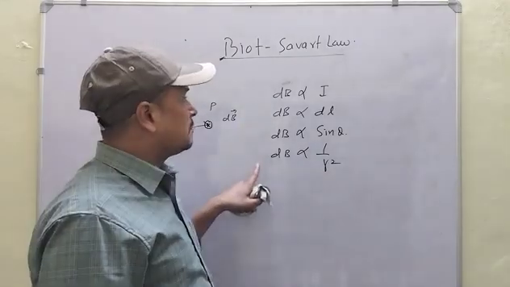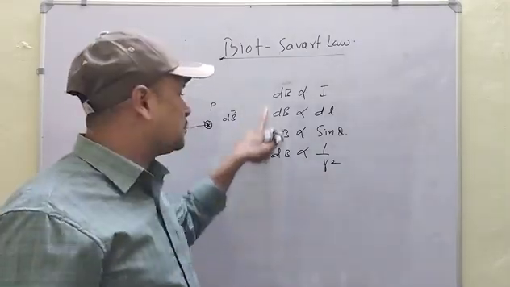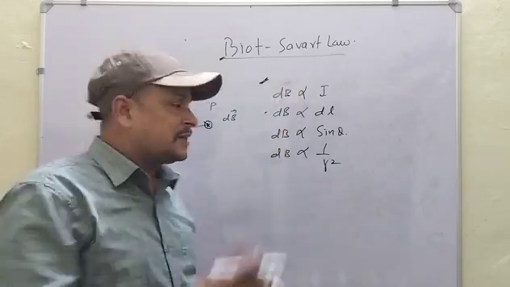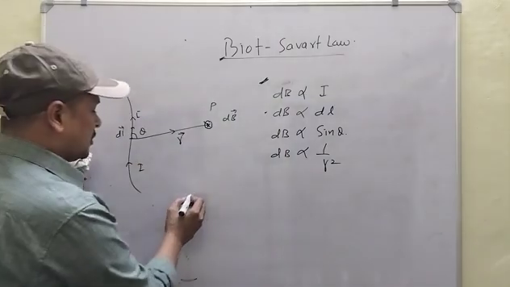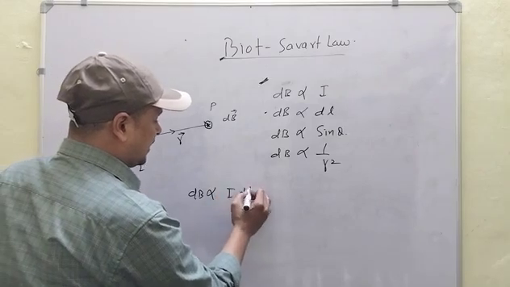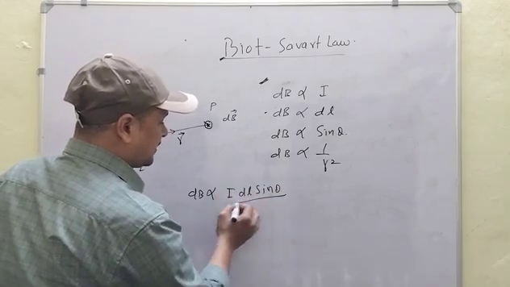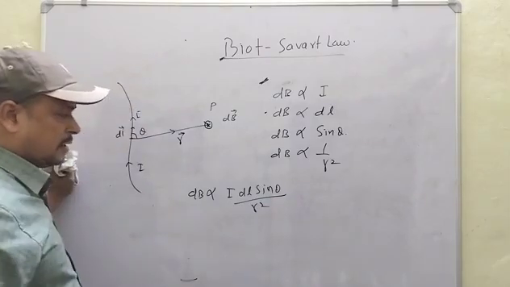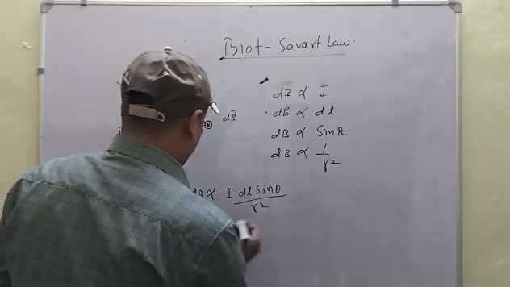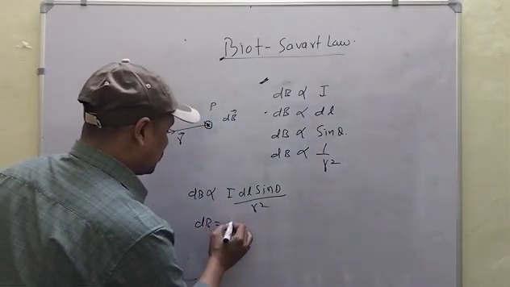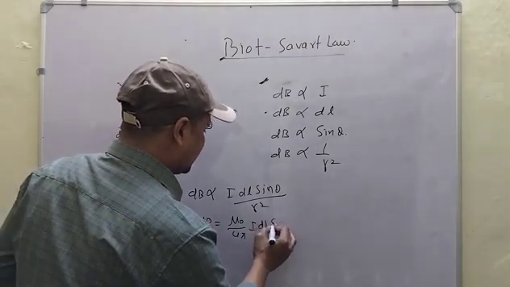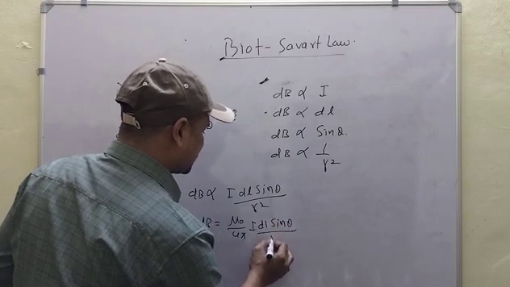So this is the Biot-Savart law. According to Biot-Savart law, these points will be there. After that, if we collect all of these, dB is proportional to I dl sine theta divided by r square. And if we remove this proportionality sign, we get dB equals mu naught by 4 pi I dl sine theta by r square.